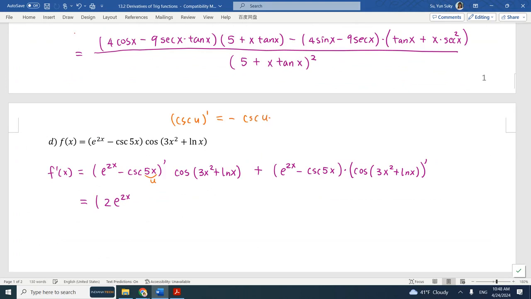Yes, cosecant and cotangent u and times u prime. Right, everybody? Therefore, all my negative and this negative cancel. So we have positive cosecant 5x, because my u is 5x, cotangent 5x, and the u, the 5x prime.